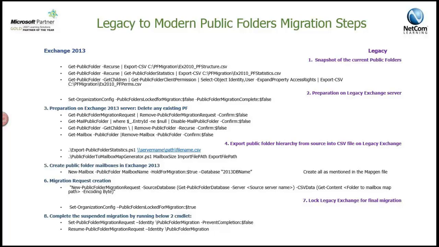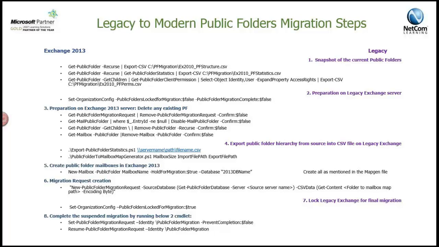Run this command to take a snapshot of public folder statistics such as item count, size, and the owner. The next command is Get-PublicFolder -GetChildren | Get-PublicFolderClientPermission | Select-Object, and then properties of the object, and then export to the CSV file. Run the following command to take a snapshot of the permissions.